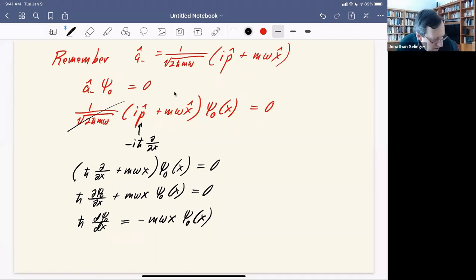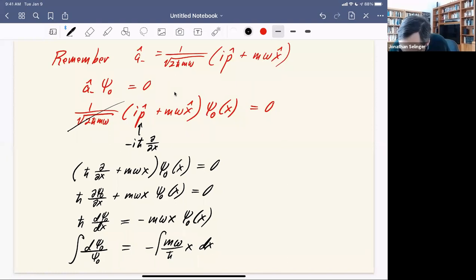So d psi 0 divided by psi 0 is equal to negative m omega over h bar x dx. Then let's integrate both sides.